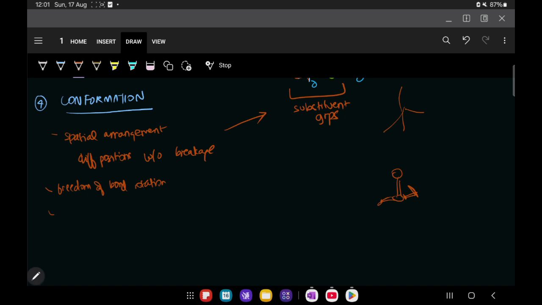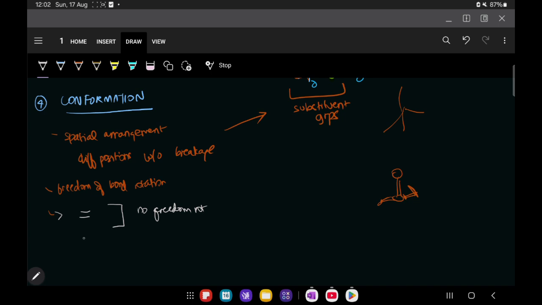So what we mean here is that this conformation basically means this arrangement and how we understand it. We look at any double bonds, since there is no freedom of rotation when you have double bonds. There are some double bonds around which you'll have no freedom of rotation.